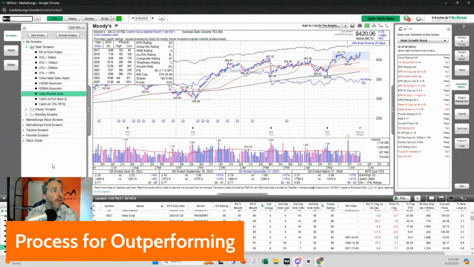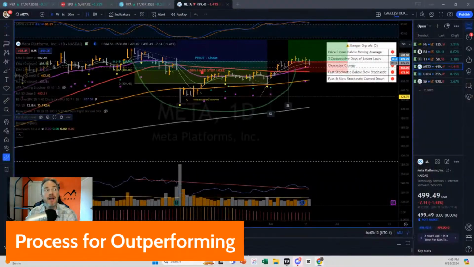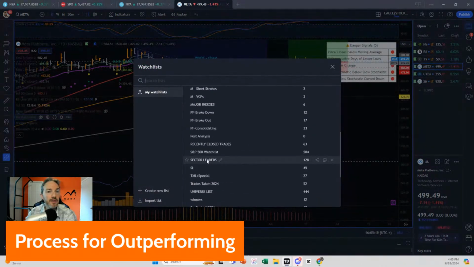So what I want to show you as well is two special lists that I have. I have this list here called sector leaders, and I have this other list here, SL. So it's like taking a look at what stocks qualify for sector leaders, and then which ones are the leaders of said groups.